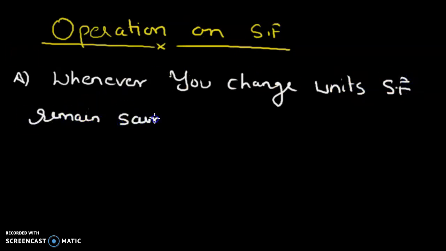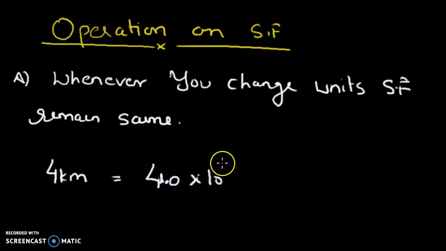What is that supposed to mean? If I say 4 kilometer, you are not going to change it like 4.0 into 10 to the power 3 meter. You can't change it like that, or you can think over it.